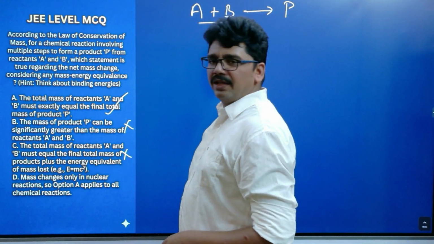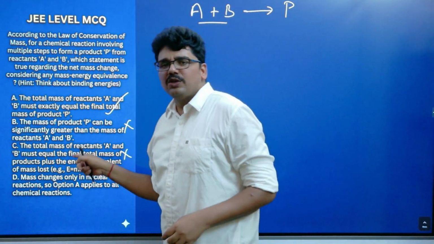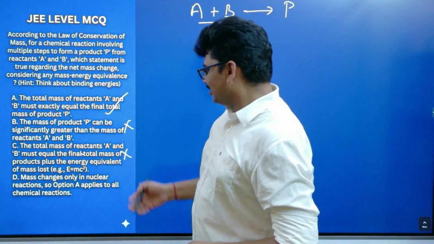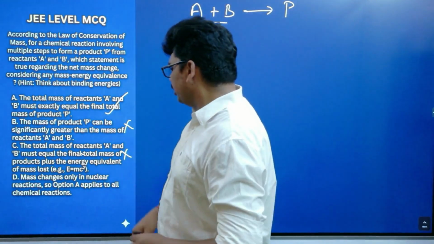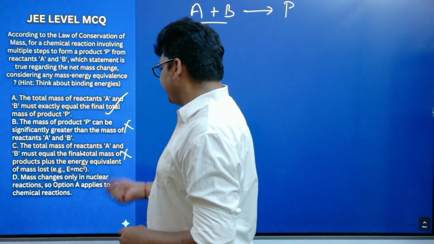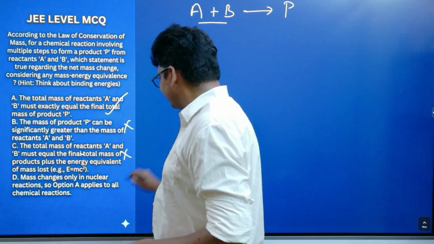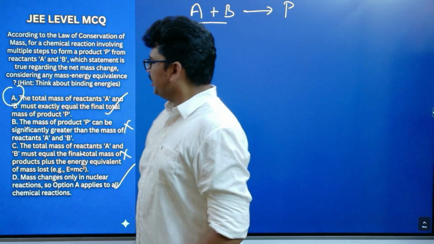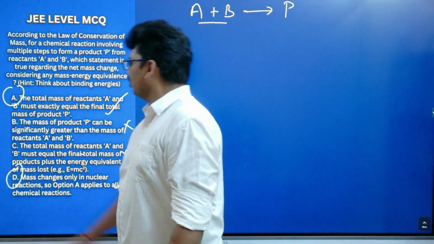No, this is applicable in nuclear reactions. It is not applicable here. So mass changes only in nuclear reactions. So option A applies to all chemical reactions. This is the correct statement. Right? So statement A is correct and statement D is also correct.